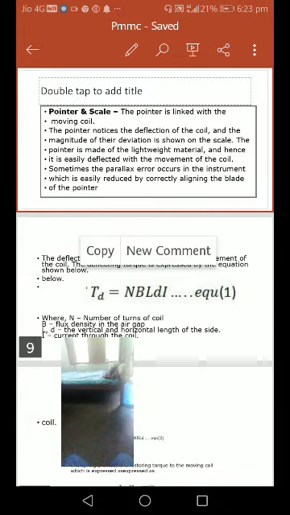Sometimes the parallax error occurs in the instrument, when there are fluctuations in the voltage, high or low.